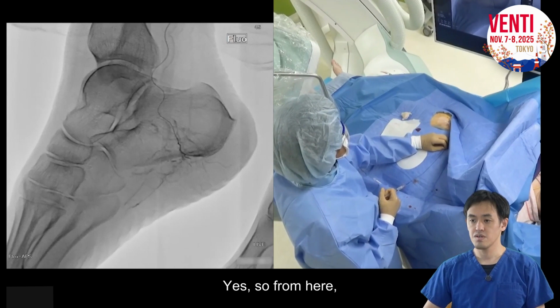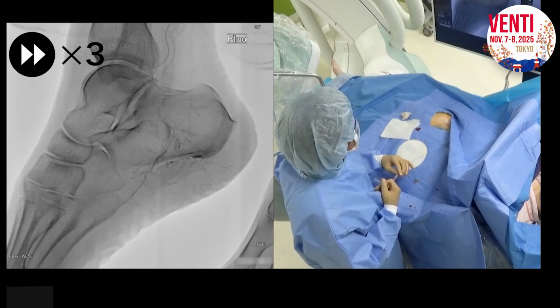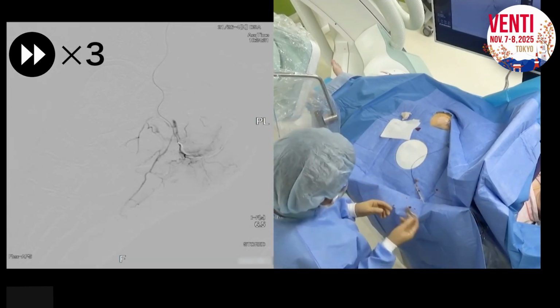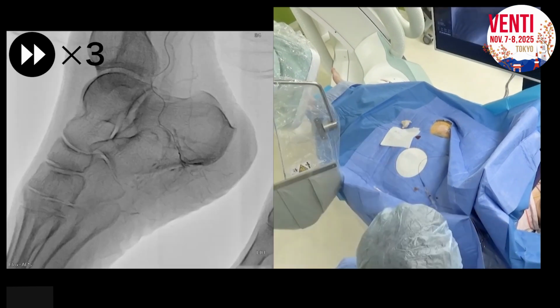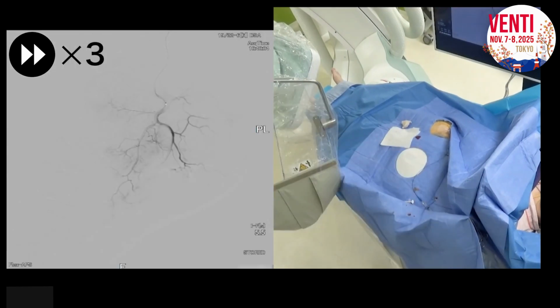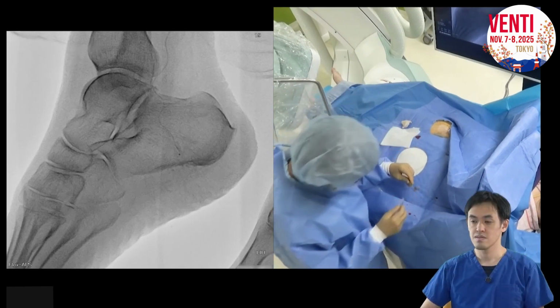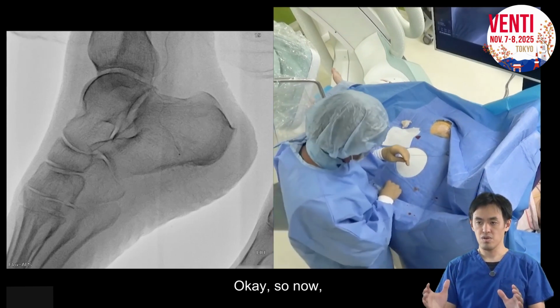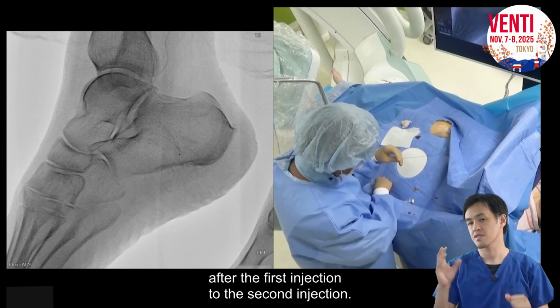Yeah, so from here, okay, now we are waiting several minutes between the first injection and the second injection.